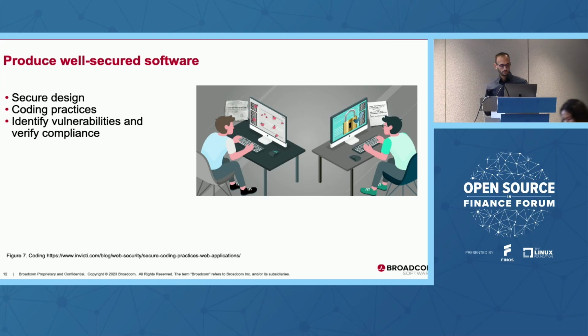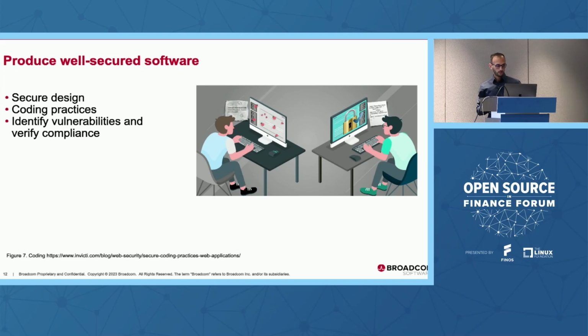Coding itself, or developers that are working on the source code, needs to work in the mindset that the security is integral part of the development and needs to follow the secure design that was initially set.